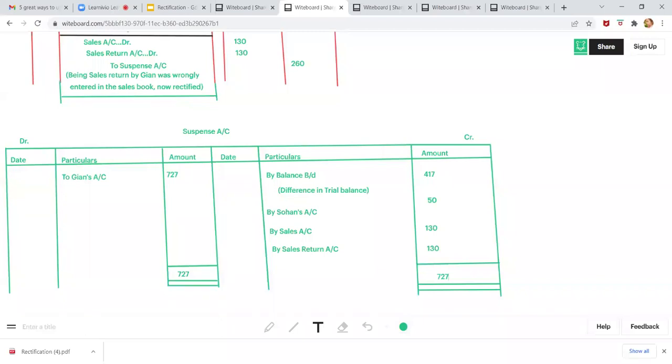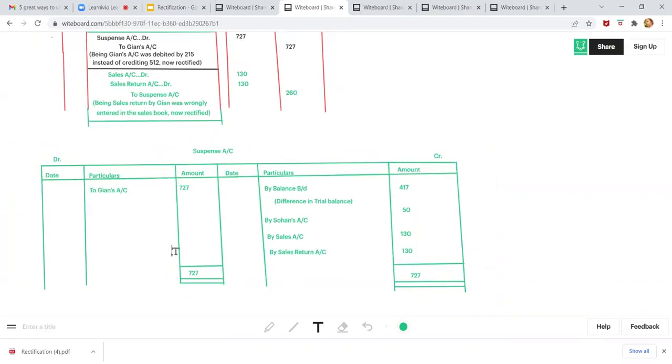We found on which kind of entries, transactions or ledger we had the errors, and we have rectified all such errors we detected, and now they are corrected. So this is how we prepare a suspense account.